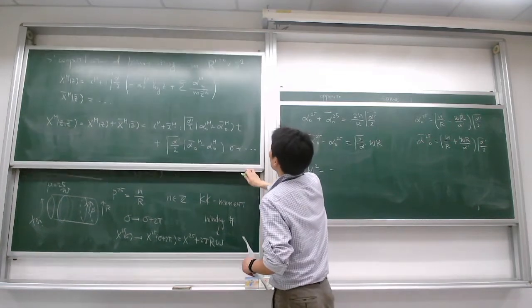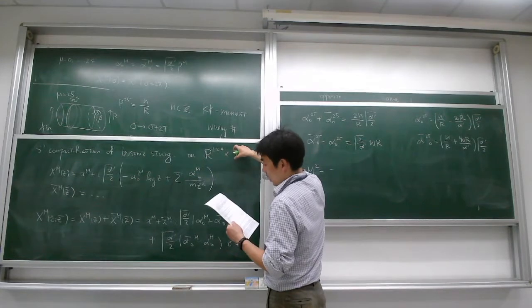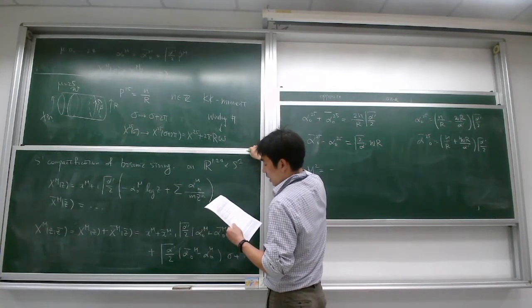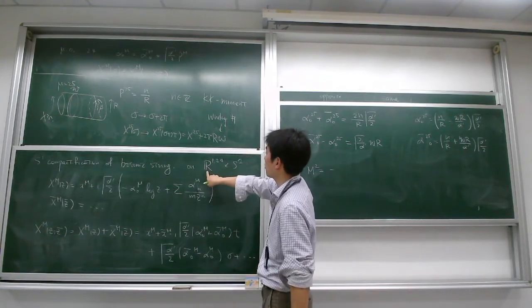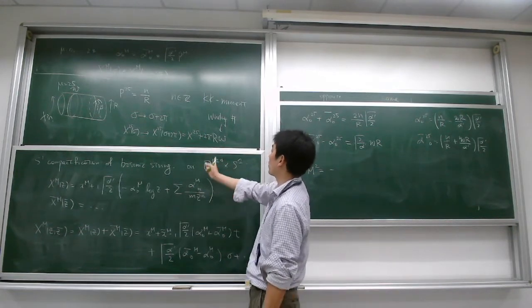If the string wraps on S1, it becomes a point particle in the R^1,24 direction.